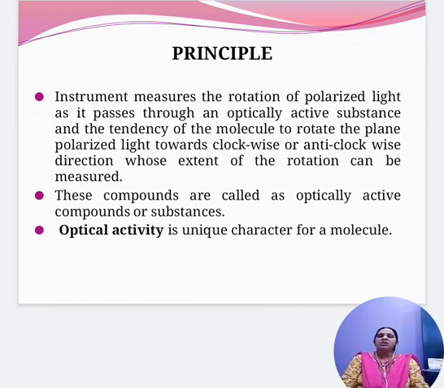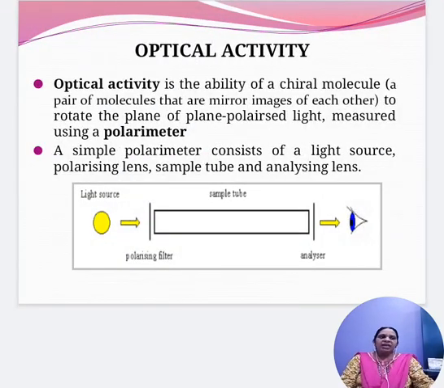These compounds are called optically active substances or compounds. Each compound has its own unique characteristic, and that characteristic is called optical activity.